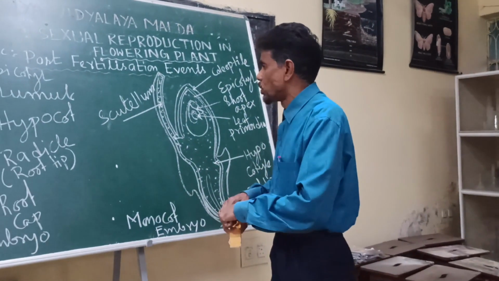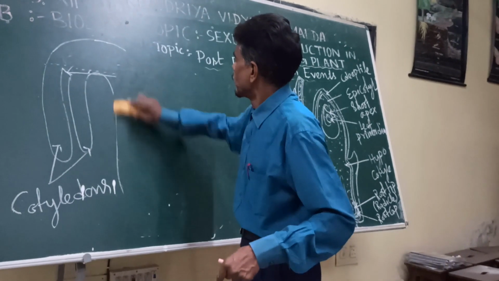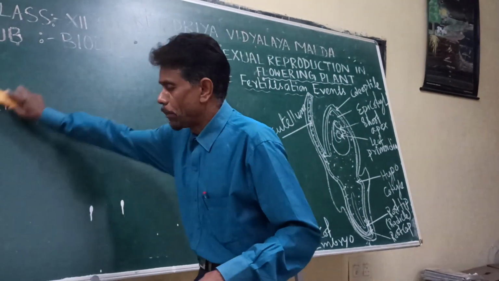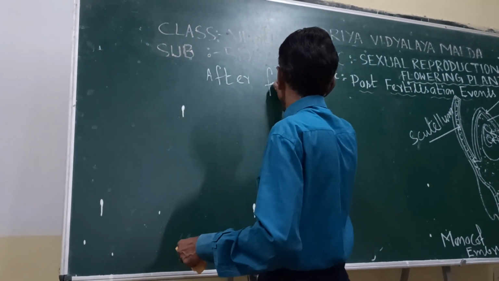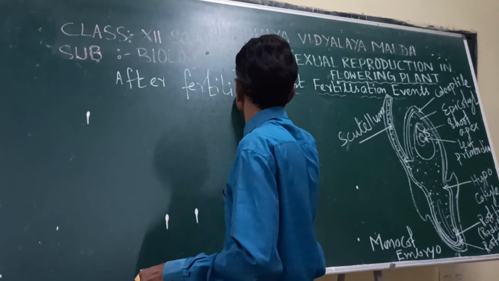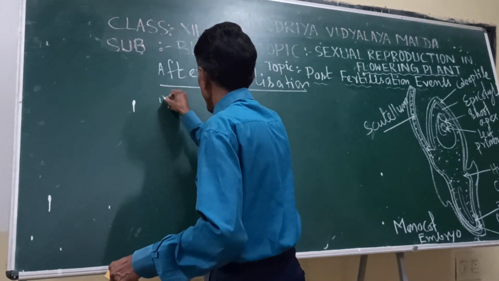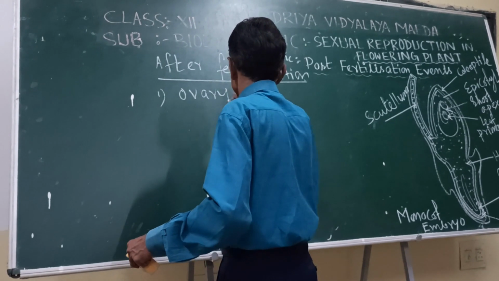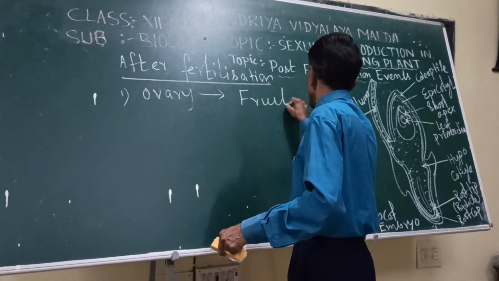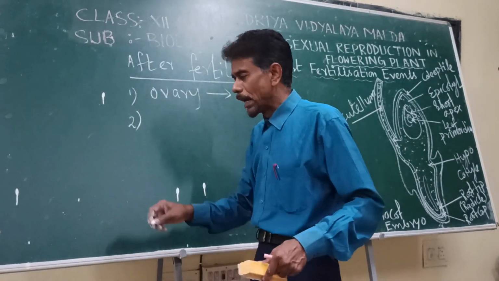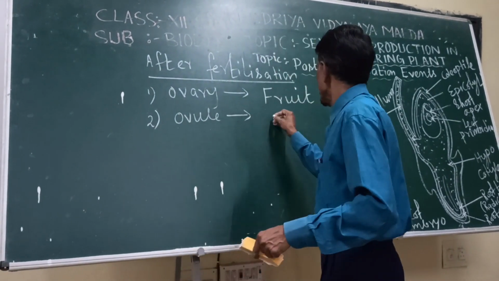So the post-fertilizational changes, if I make a change here, if I rub this part, so after fertilization, the ovary changes into a structure called fruit, and the ovule present inside changes into seed.